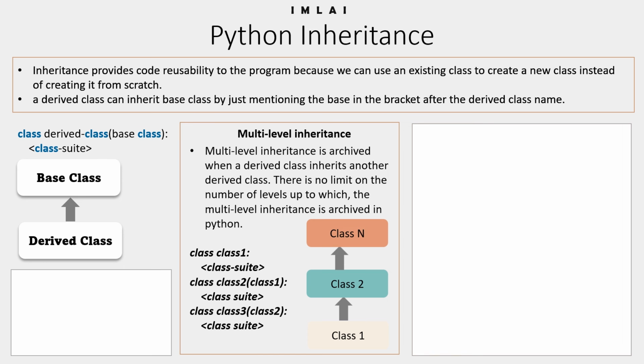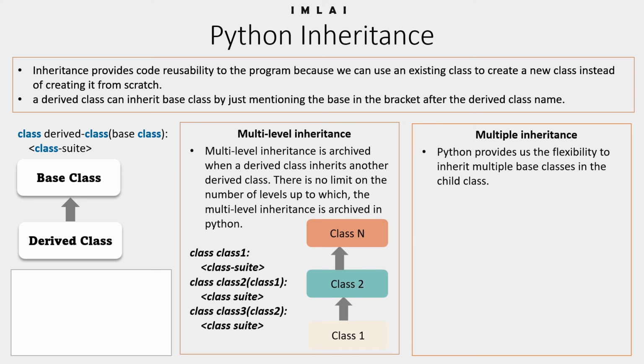Then what we have is multiple inheritance. Multiple inheritance provides us the flexibility to inherit multiple base classes in the child class. I will show you how it works.